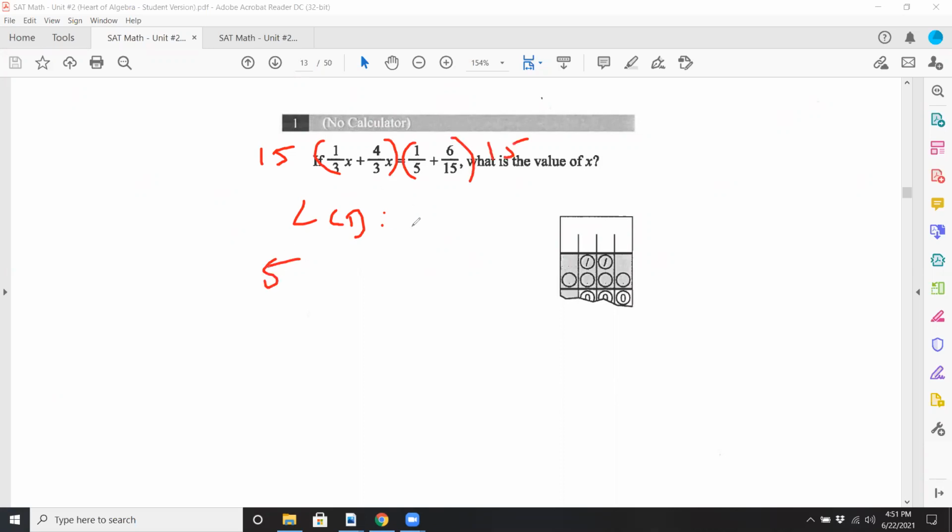So you get 5x plus 20x equals 3 plus 6, I think. 25x equals 9. x is 9 over 25.